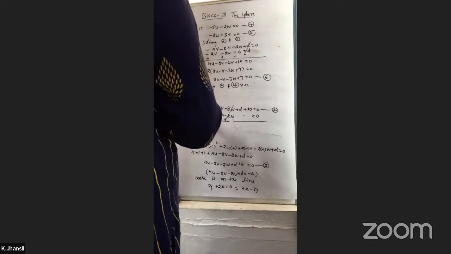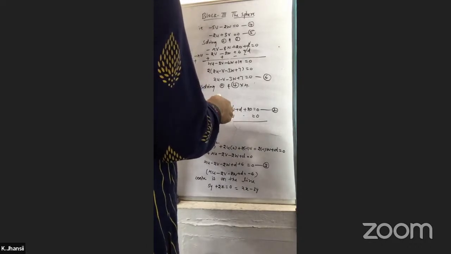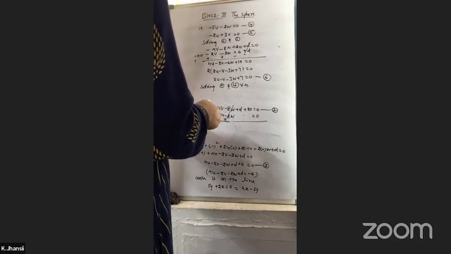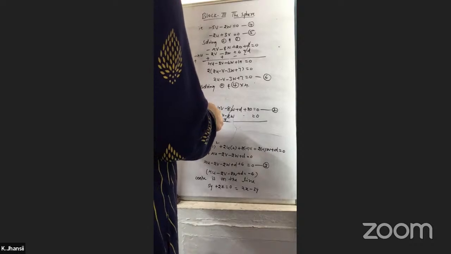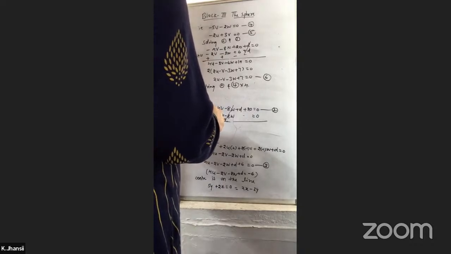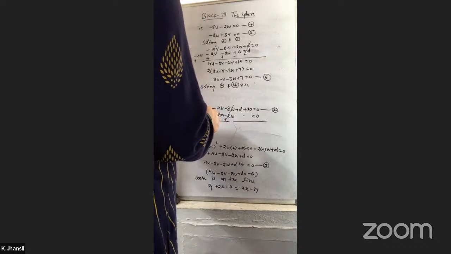what was the third equation? Minus 4U. 4U minus 2V minus 2W plus D. 4V plus 8W.